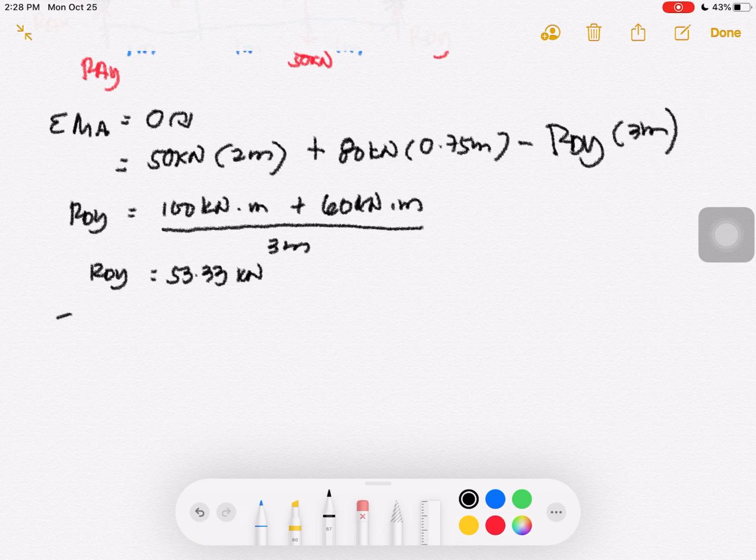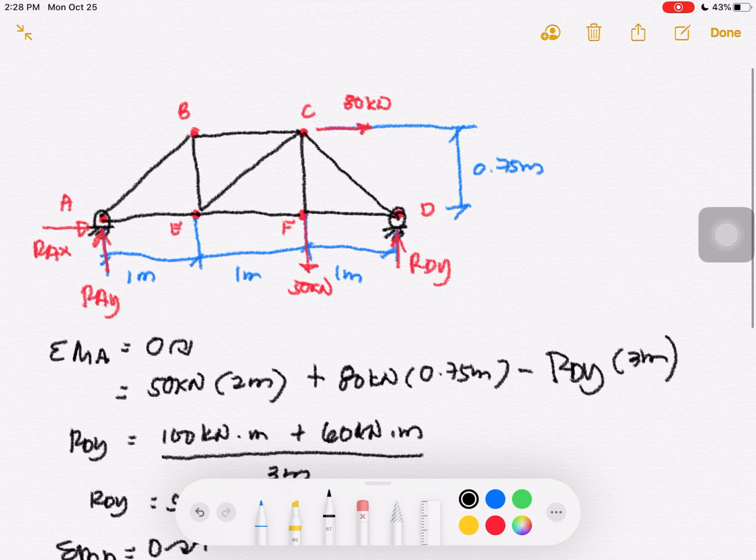The next one is you could do the summation of moment at point D, 0 clockwise positive, at this portion here. So you have RAX is removed, RAY can be read with 3 meters perpendicular distance, 50 kilonewton. RAY is clockwise, 50 is counterclockwise, and 80 is clockwise. See 50, 1 meter perpendicular distance, see 80, 0.75 perpendicular distance.